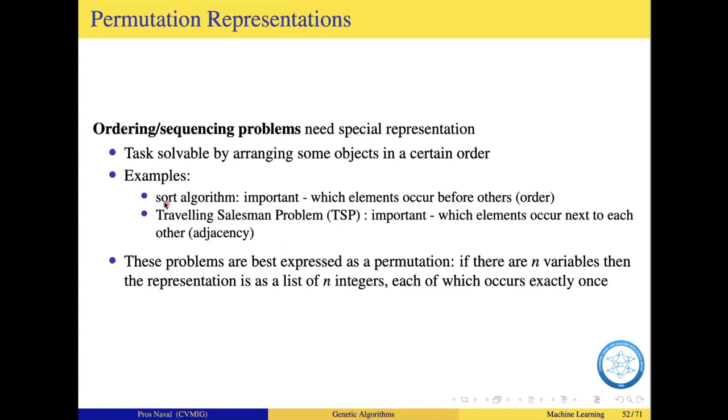Another example is that of the TSP. What is important here is that the elements occur next to each other, so adjacency is important. These ordering or sequencing problems are best expressed as a permutation. If there are n variables, then the representation is a list of n integers, each of which occurs only once.